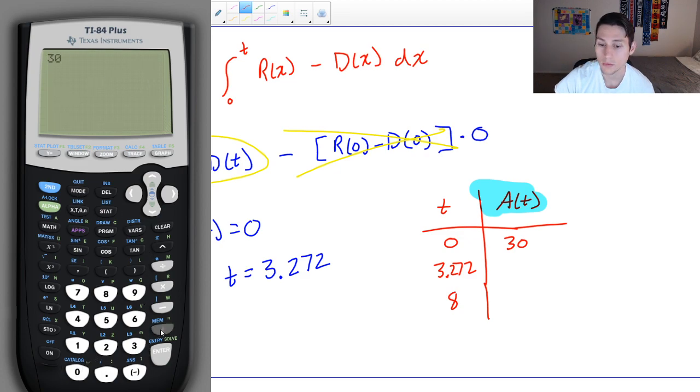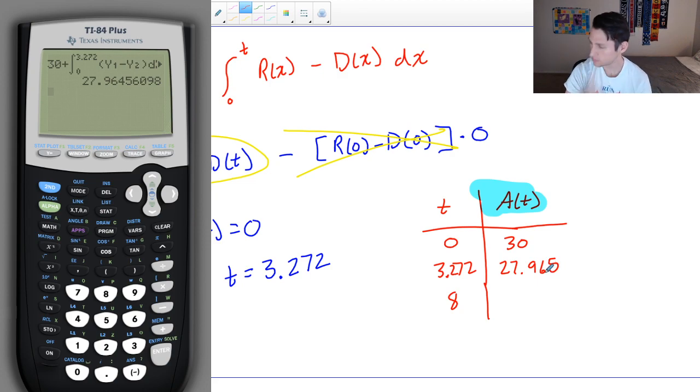So 30 plus math 9, 0 to t, but t in this case we want 3.272, r of x minus d of x, so that's y1 minus y2 dx. That gives $27.965.